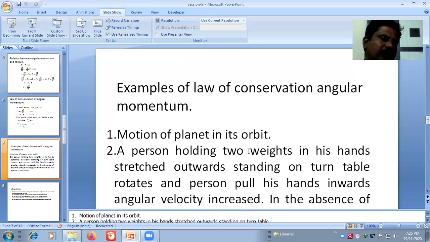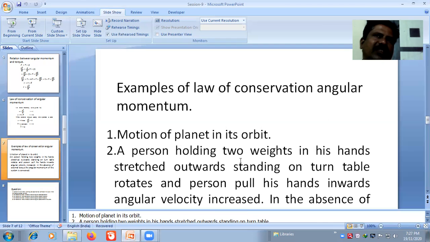It depends upon the distribution of the mass about the axis of rotation. According to the law of conservation of angular momentum, I omega remains constant. But here I decreases, due to the decreasing distance of the dumbbells from the axis of rotation. R gets reduced, so I decreases.